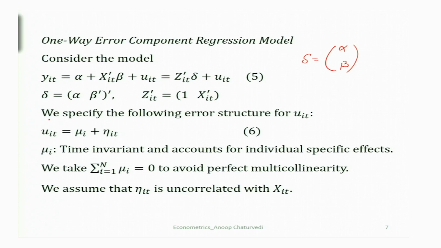Then we specify the following error structure for u_it. So, u_it is equal to mu_i plus eta_it. Here mu_i is time invariant, it does not depend upon t. For all values of t, mu_i is constant for a particular i.